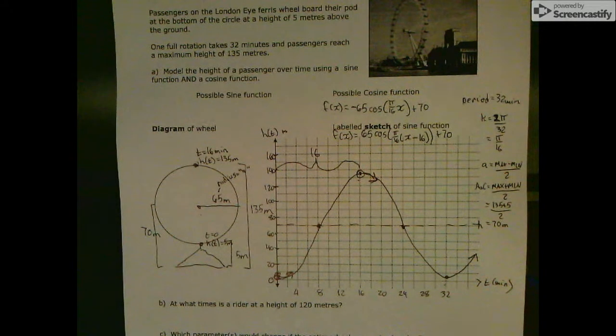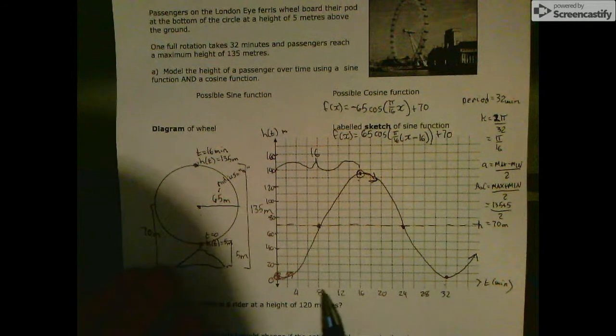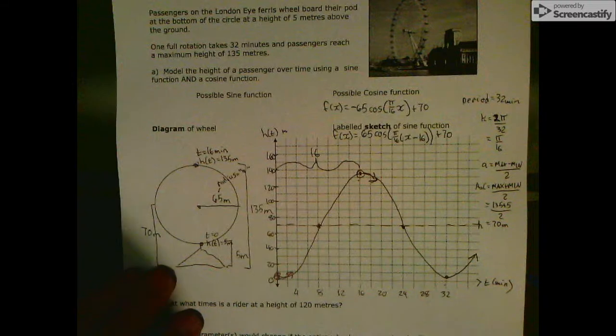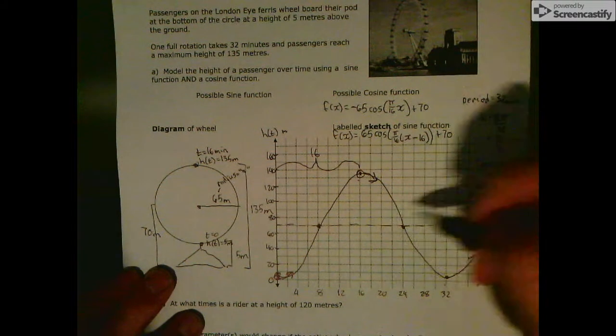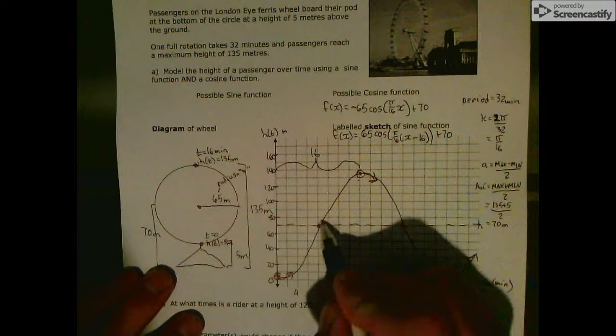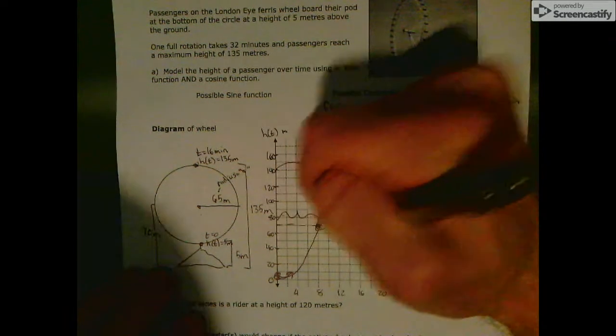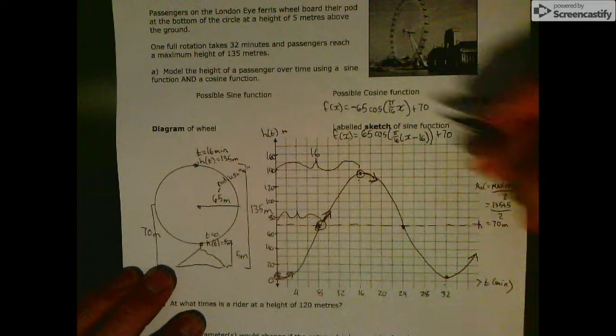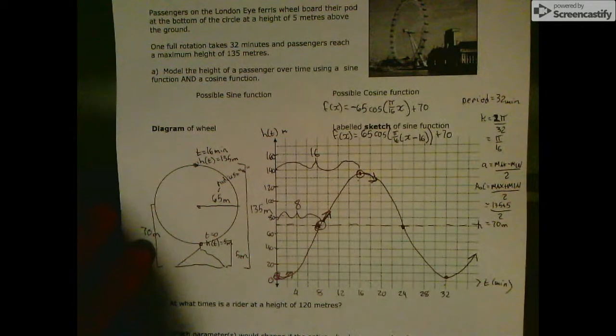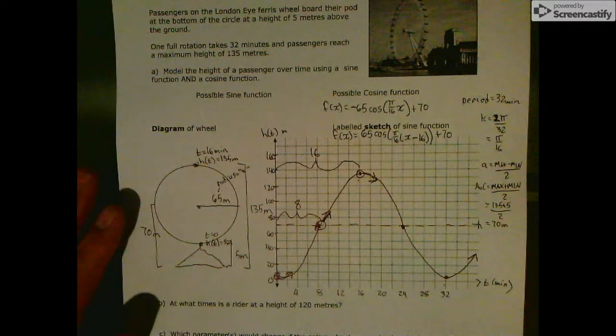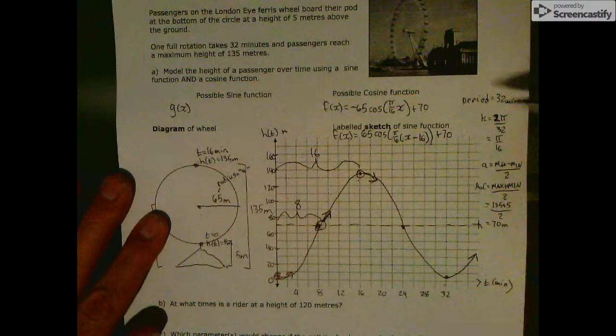Modeling with a sine function, we can actually take a look at where the sine function's normal behavior is, which is on the axis of the curve headed up, which happens right here at 8. There it is. And this distance here is our horizontal translation for sine, which is 8. So most of the information is the same from cosine to sine. I would say my function for sine is g of x is equal to my amplitude 65.